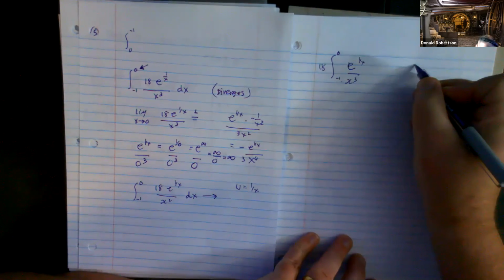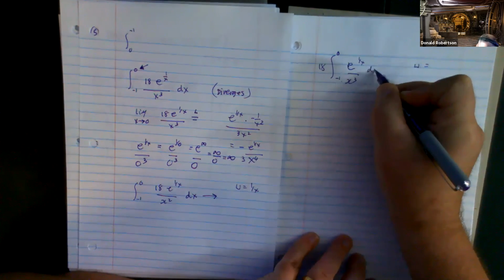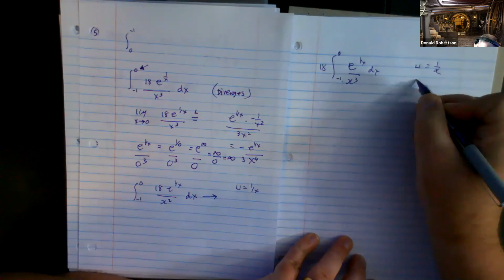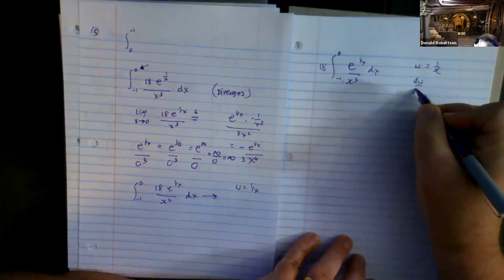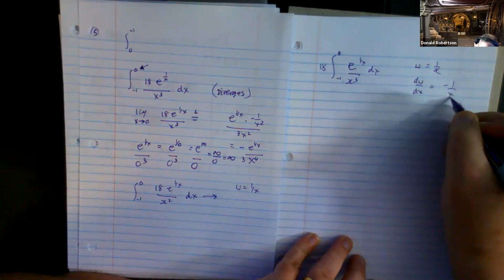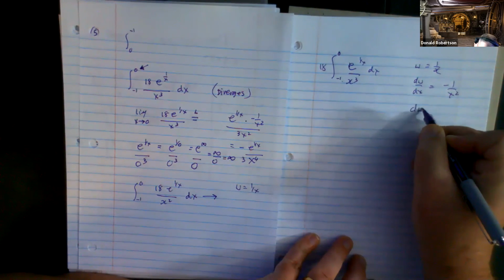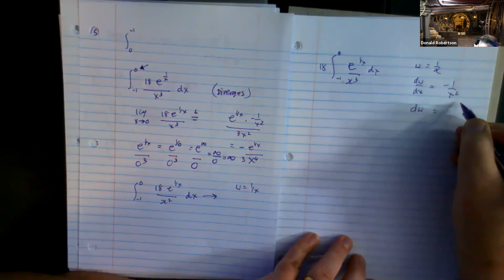Now, if I use this fella here as my U sub, then du by dx ends up being negative 1 over x squared, which makes the crossover.